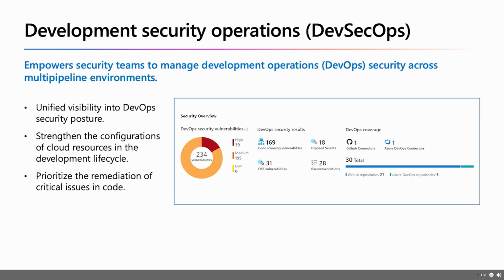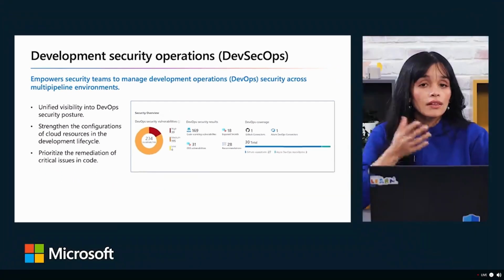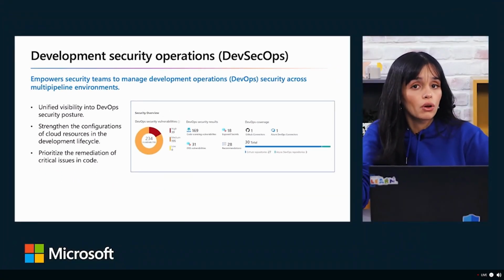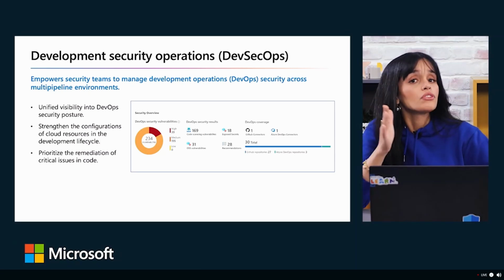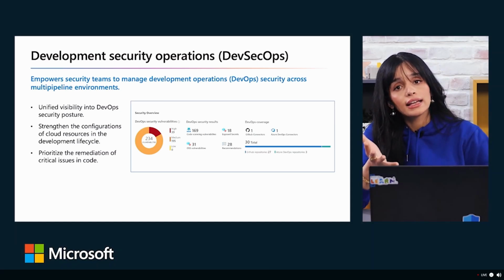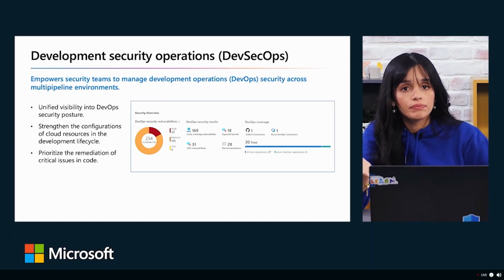There are three key capabilities in Defender for DevOps. First, it provides unified visibility into DevOps security posture. Second, it strengthens cloud resource configuration throughout the development lifecycle. This can be done by enabling security of infrastructure as code templates, used to define and deploy the infrastructure quickly and in a reliable manner.